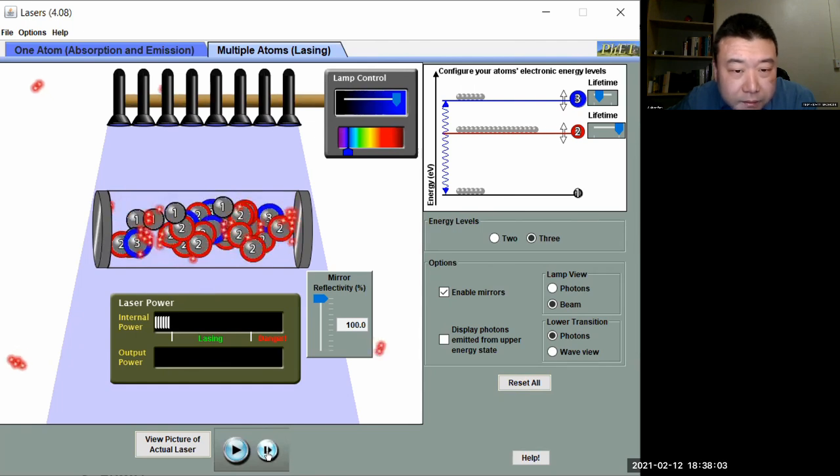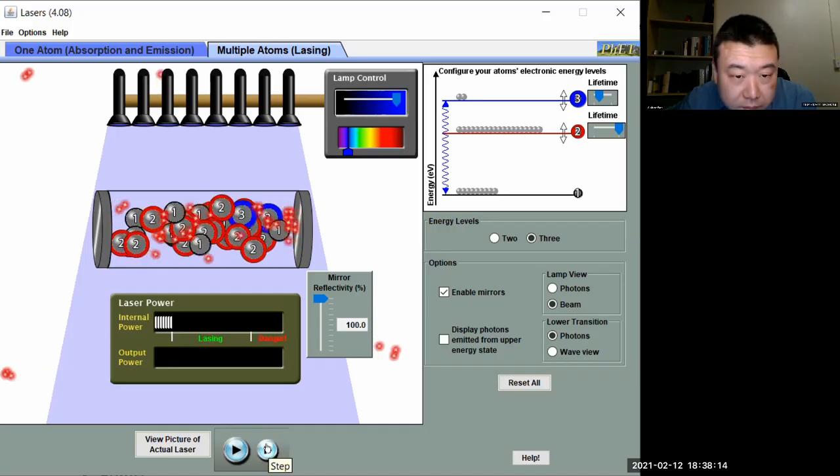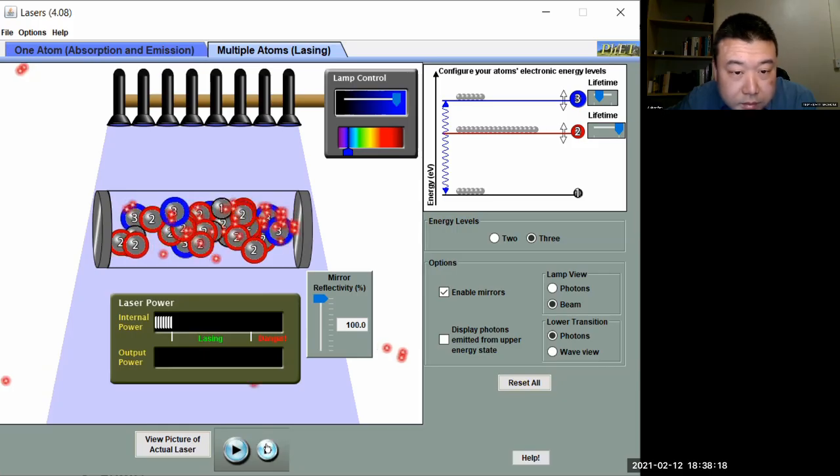Let me see if I can find the one there. I'm looking at this, hoping that this will get stimulated emission. I'm just watching this one, seeing if it will undergo stimulated emission by either one of these two.